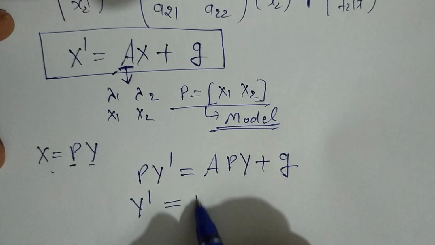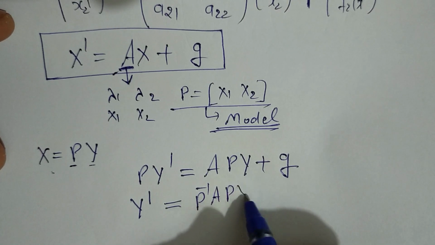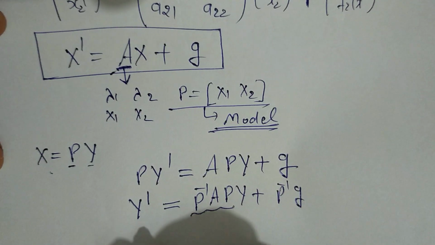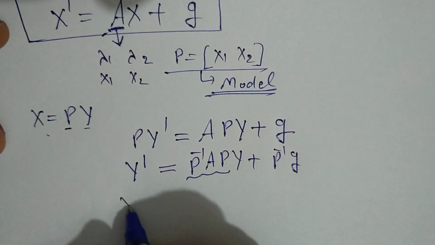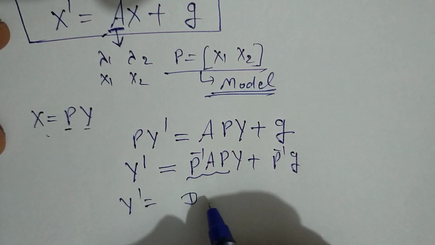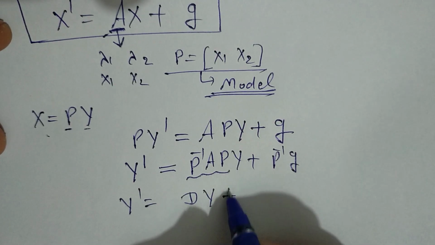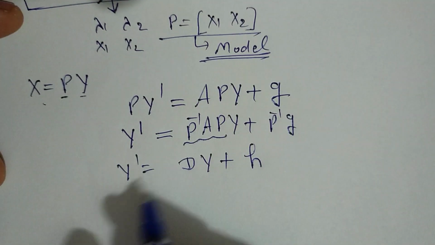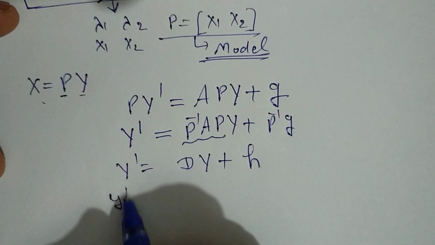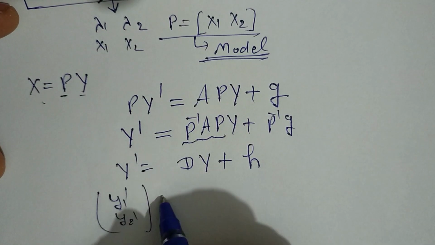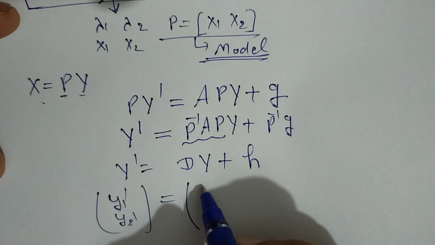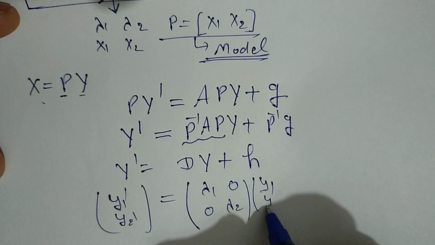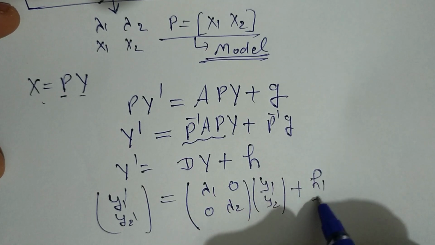So Y dash equal to P inverse A P Y plus P inverse G. Here P inverse A P equal to D, so using this transformation we get the diagonal matrix, DY plus, let us call this H. Now if you open this, we get y1 dash, y2 dash equal to the diagonal matrix D, which is lambda 1, 0, 0, lambda 2, times y1 y2, plus h1 h2.